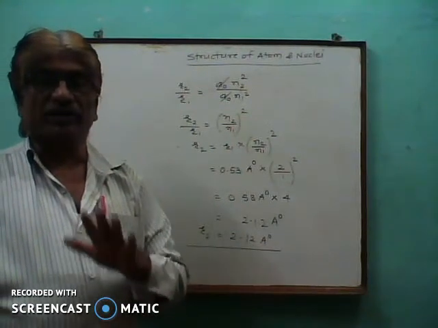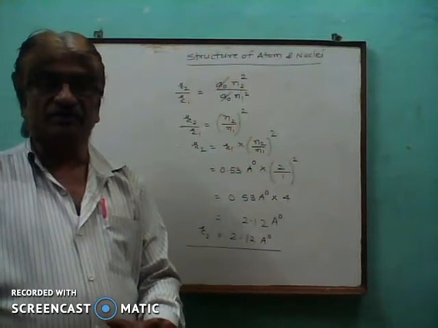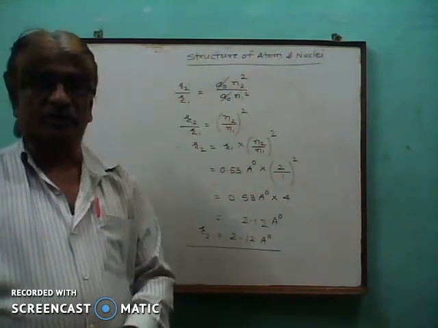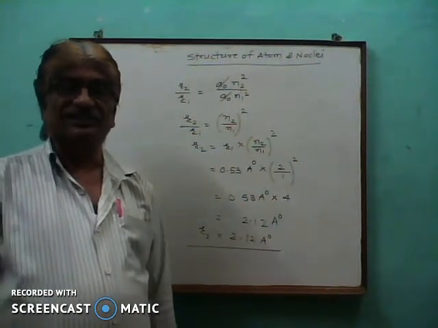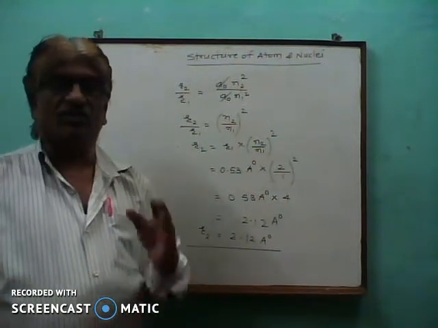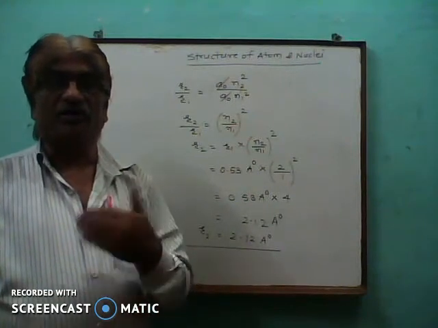So we can also find for third orbit, for fourth orbit, for fifth orbit. Students, you can solve these examples for second orbit, third orbit, fourth orbit, fifth orbit.